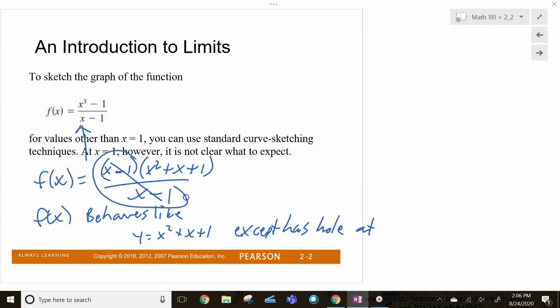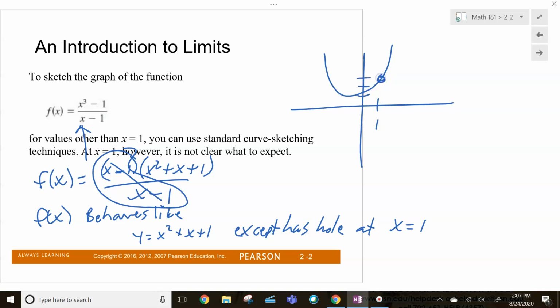If the binomials cancel, you get this rational function with a hole where x minus 1 equals 0. In other words, at x equals 1, because 1 makes it undefined. So we have a hole. If you were to graph this, with 1, you got this hole right there, okay?